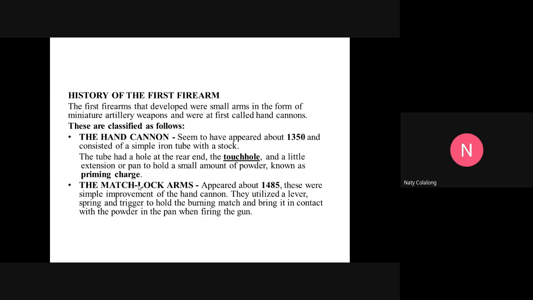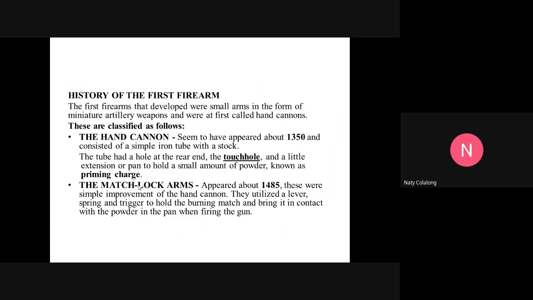Next, we have the history of the first firearm. The first firearms that developed were small arms in the form of miniature artillery weapons and were at first called hand cannons.